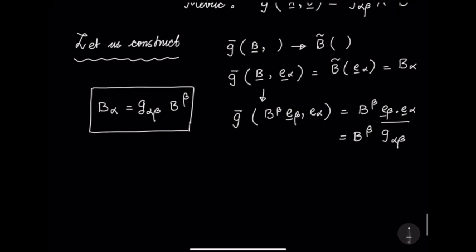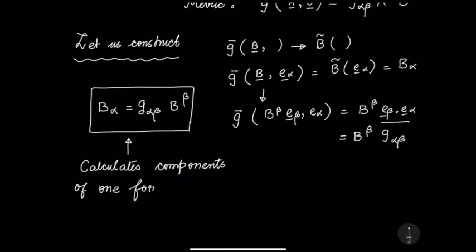So what we have done is that this is a way to calculate components of one form from the components of the vector.